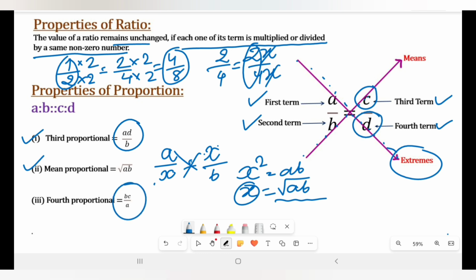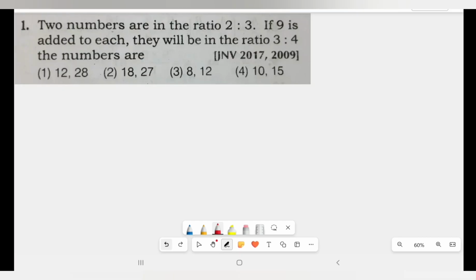All right, so these are a couple of the background concepts and properties of ratios and proportions. Let us move on to the next section to discuss a couple of problems on ratios and proportions. In this question, two numbers are in the ratio 2 by 3. If 9 is added to each, they will be in the ratio 3 by 4. Then what are the numbers?